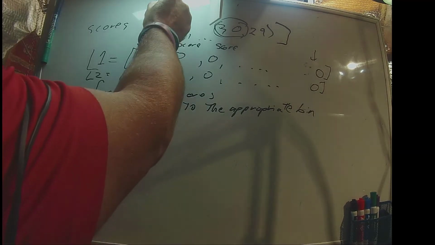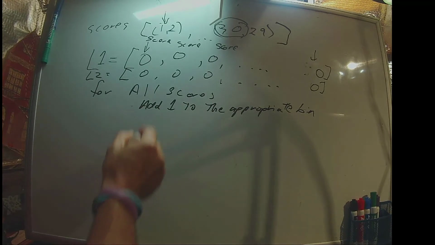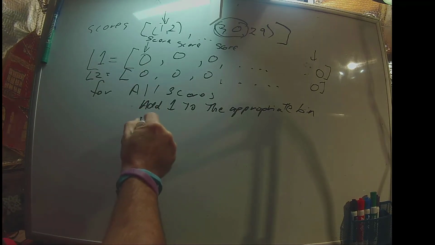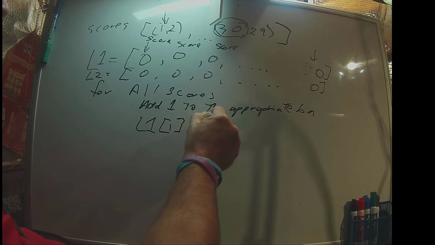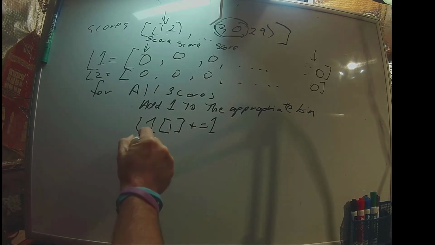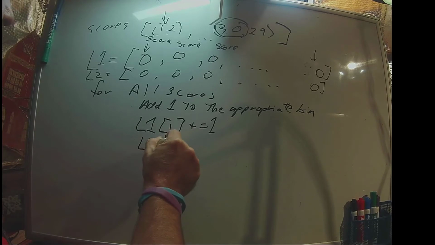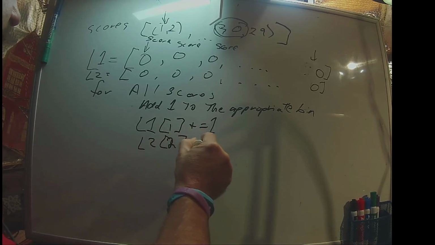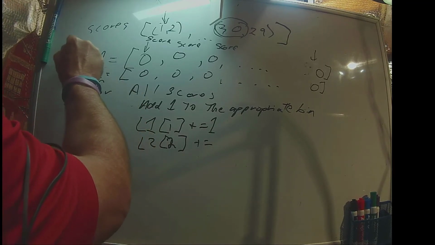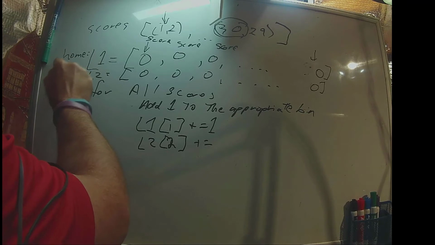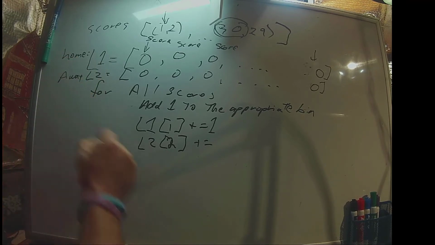Well, when we come to the score 1, 2, we would do L1 sub 1 plus equals 1, and maybe L2 sub 2 plus equals 1, right? If we're maintaining home and away separately.